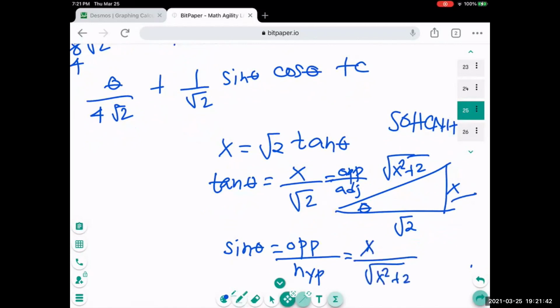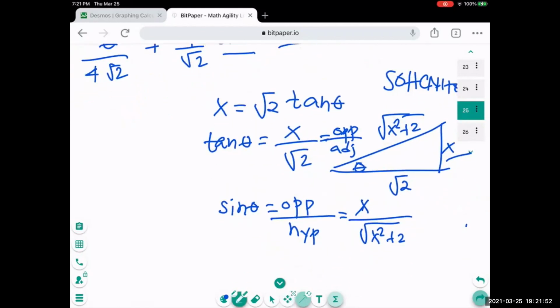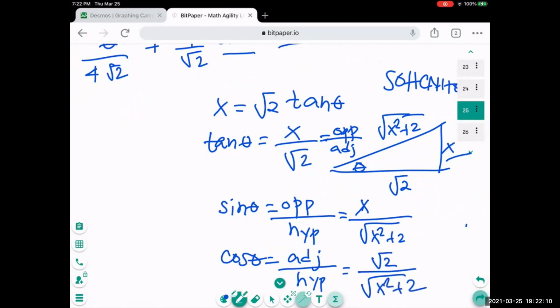So we already transform our sine to our original variable. How about cosine? So our cosine is, based on CAH, adjacent over hypotenuse, right? And our theta is here, so adjacent would be square root of 2. Of course, hypotenuse would be square root of x squared plus 2, right?